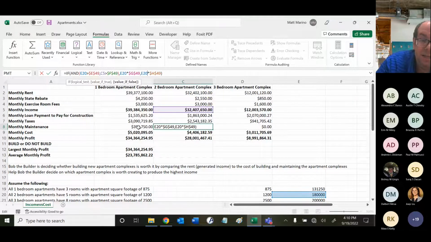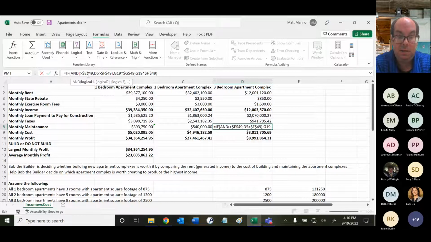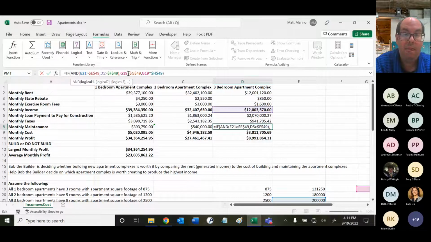So this one here is E19. The second one, they're all E20. And then the last one, they're all E21. E21 here. E21 here. E21 here.